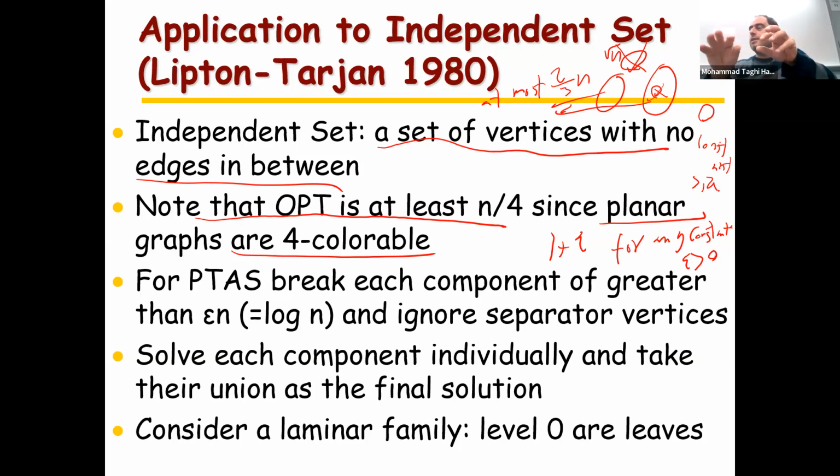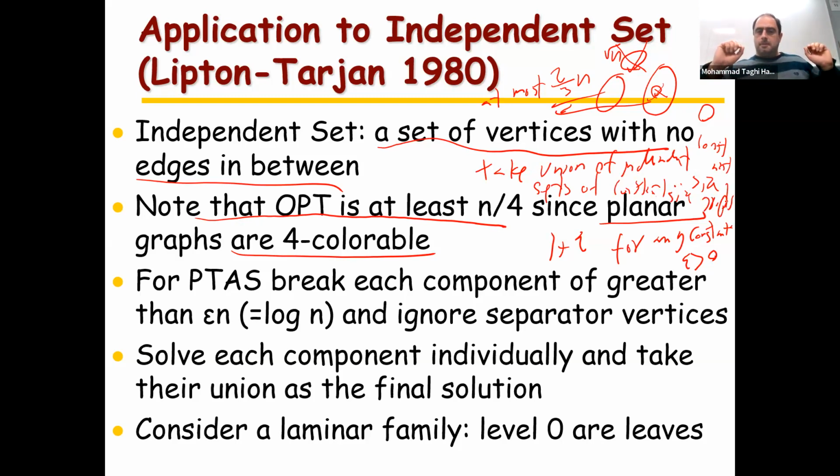What do you do on that one? Find an independent set there and take the union. So essentially, you will take the union of independent sets of constant size graphs.